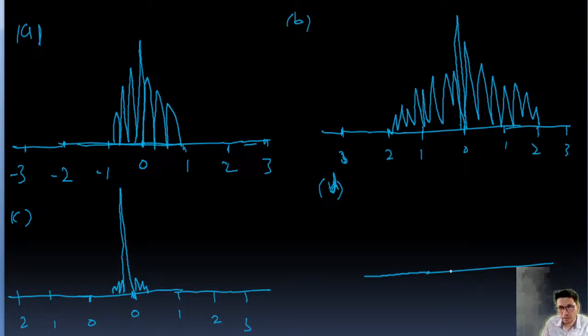Option D is, this is 0, 1, minus 1, minus 2, minus 3, my apologies, so this is 1, 2, 3.